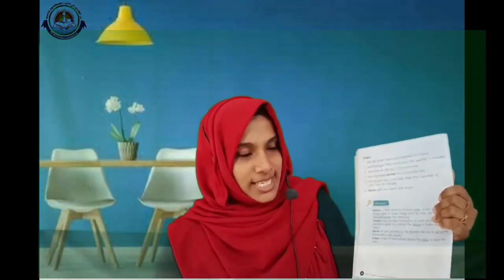From our previous class, we have learned that instructions always begin with the doing words, and these instructions tell the reader what to do. It is giving some ideas about how to prepare the food, how to make the food. So we can see these doing words given at the beginning of the sentences.